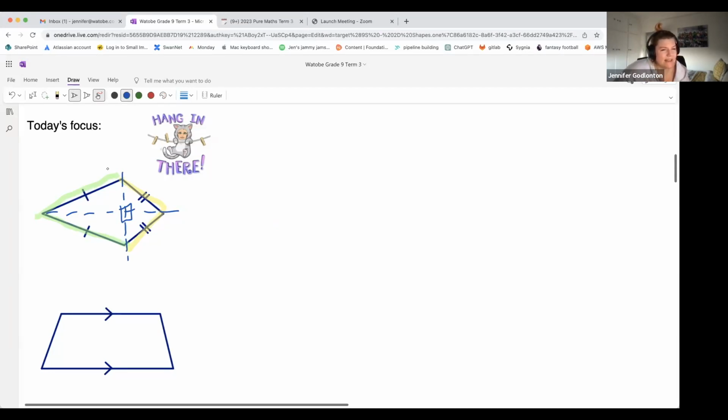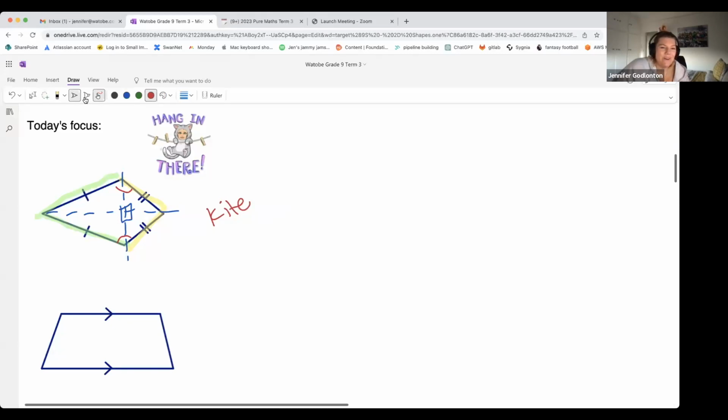One set of opposite angles, yes. This angle here is going to be equal to that angle over there. And the reason that they're equal is because they are congruent triangles, which is what we're going to talk about on Thursday. Nice. Okay. So that's our kite. And we're going to be talking about it just now.